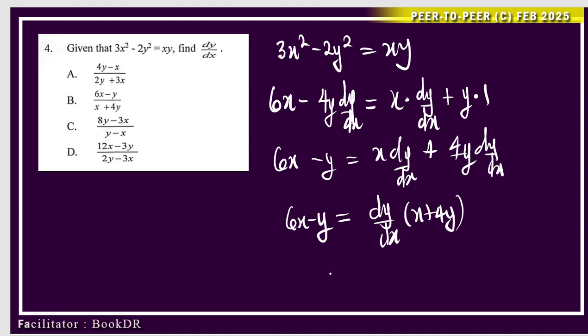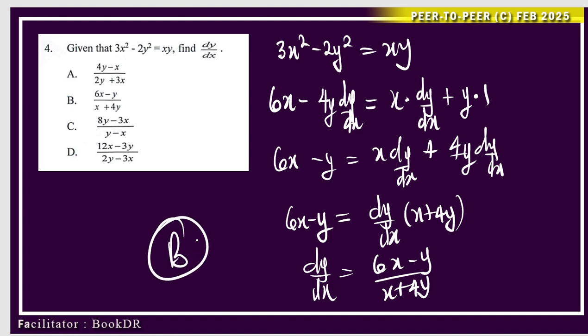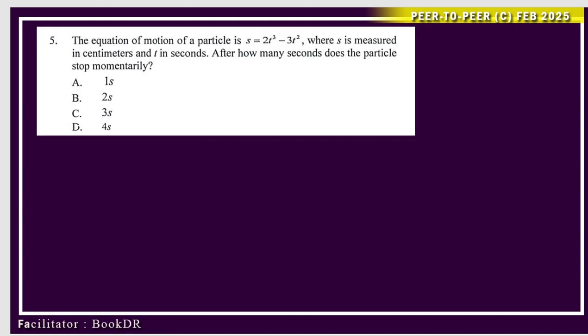Then we divide through by x plus 4y. So our dy dx will be equal to 6x minus y over x plus 4y. And so the correct answer in this case is B. 6x minus y on x plus 4y. The next question.